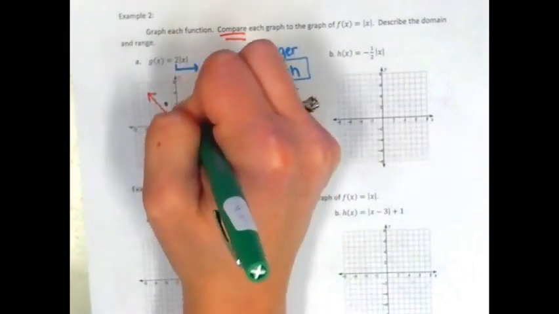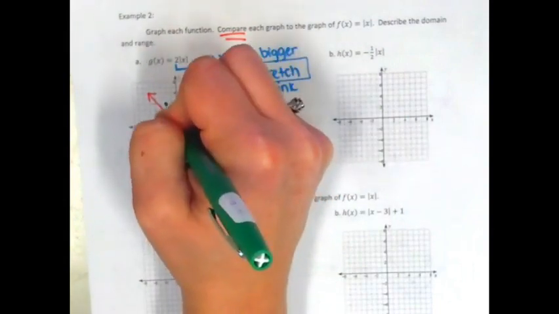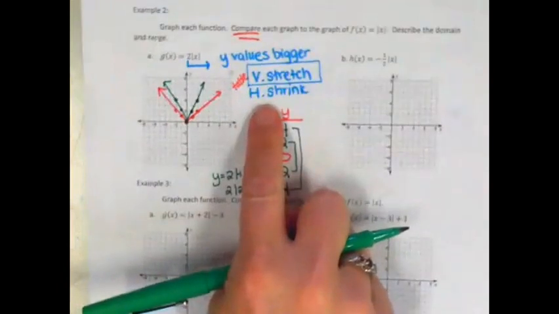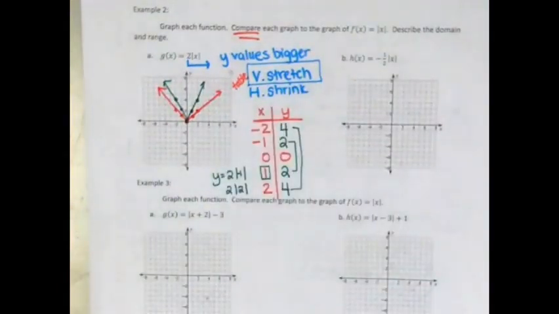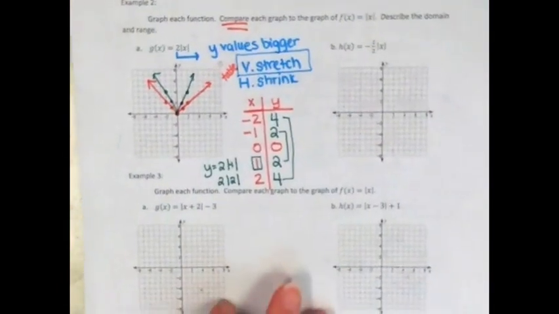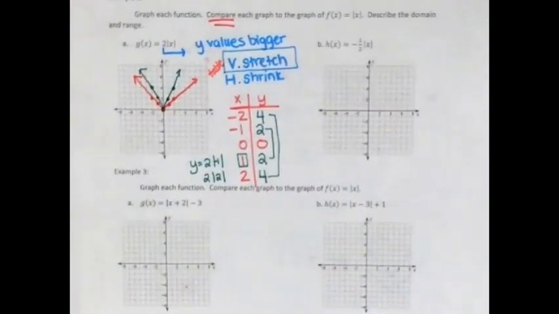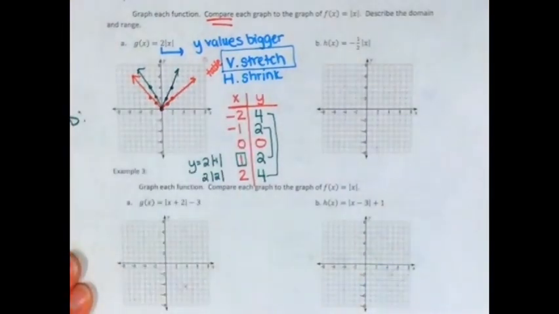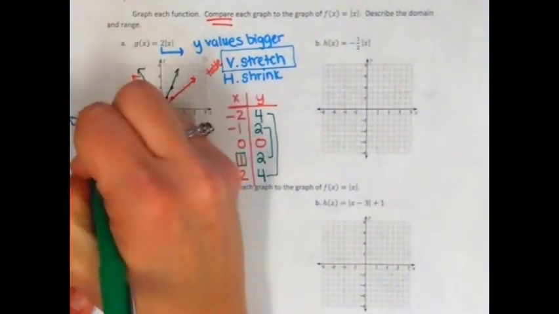And now can we draw our V? Do you see how it's getting vertically stretched, meaning it's getting more narrow for your horizontal shrink in that sense? Does that make sense to you guys? What's my domain? All real numbers, always.